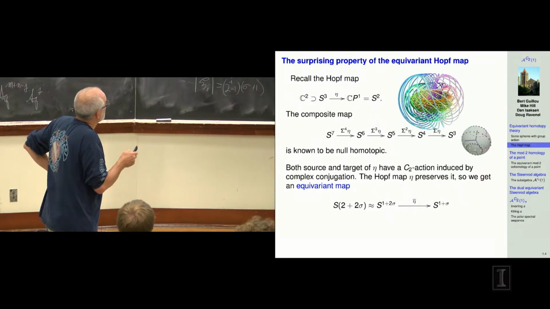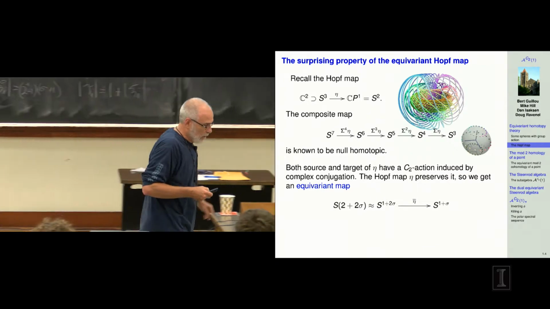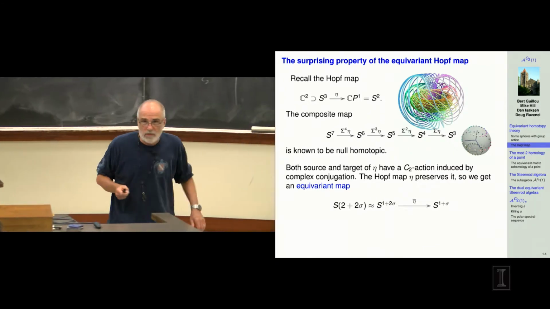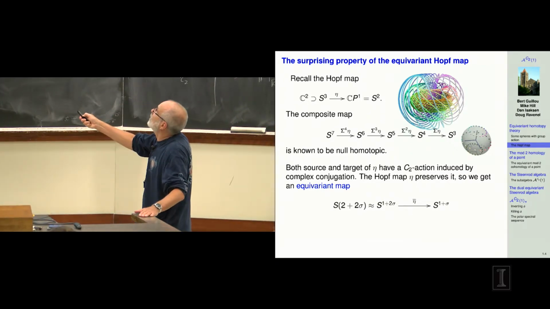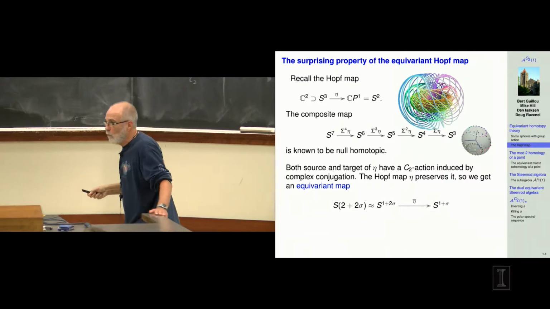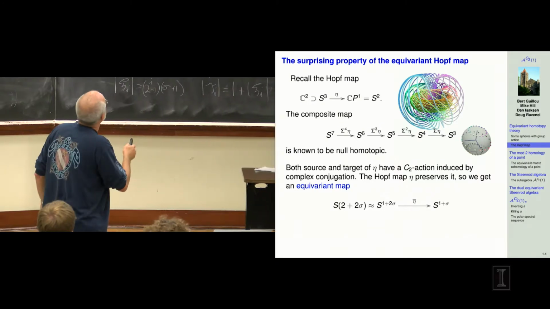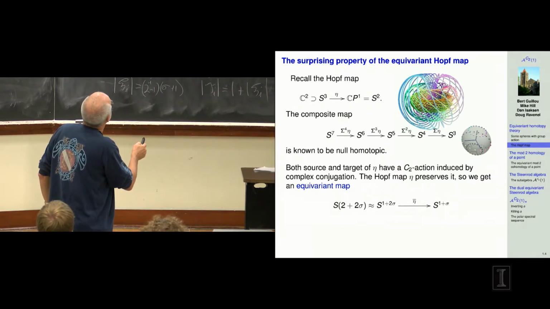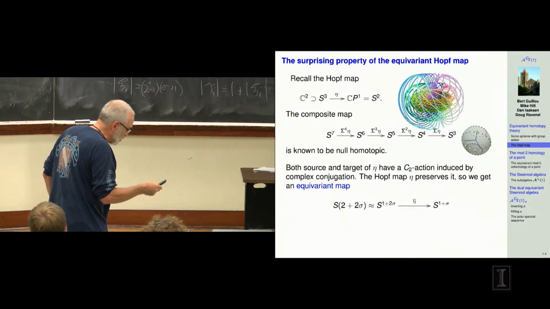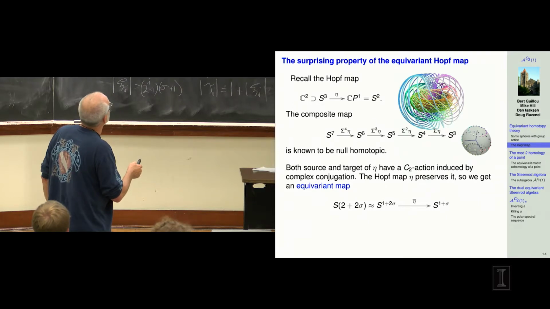Both the source and the target of this map have a C2 action defined in terms of complex conjugation. You can conjugate the vectors in C2, you can conjugate the complex lines in CP1. Both of these spaces are spheres, and as C2 spaces, they are the kind of thing I discussed on the previous page.